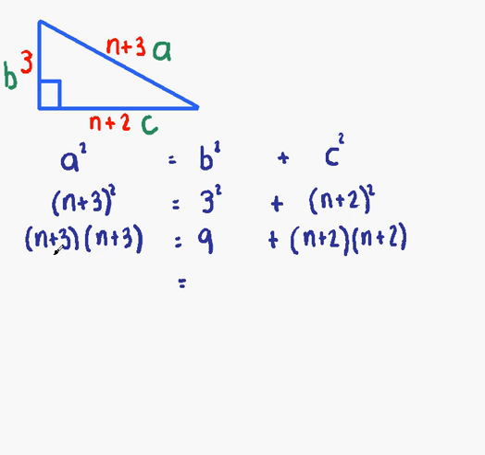So what we have is n plus 3 multiplied by itself. So thinking back, what we have is everything in bracket 1 times everything in bracket 2. First thing here is n, so we're going to do n times bracket 2. The second thing in the first bracket is 3, so now we need to do 3 times bracket 2.